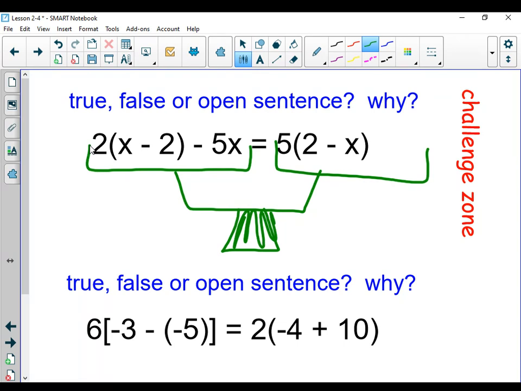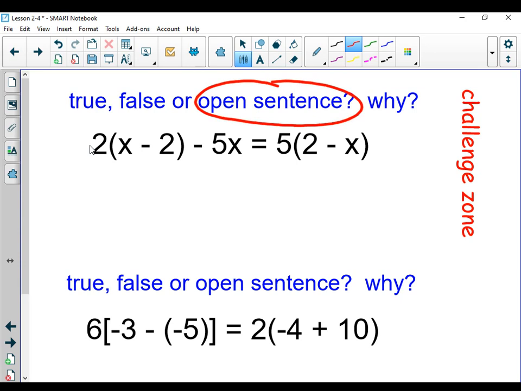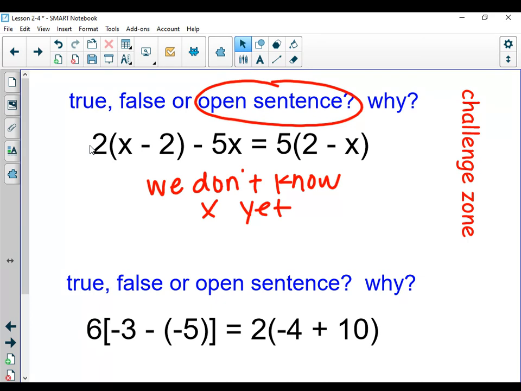Are they going to balance out? Hopefully, you realize that you don't know if they're going to balance out, which is what makes it an open sentence. Why is it an open sentence? We don't know what the variable is. Maybe it's going to balance out, maybe it's not.